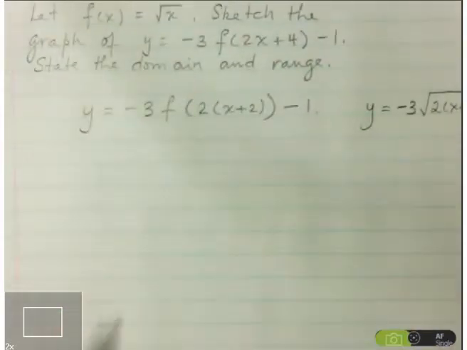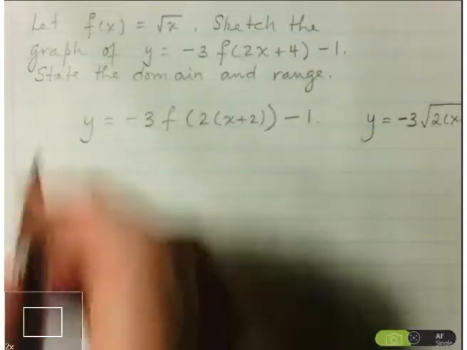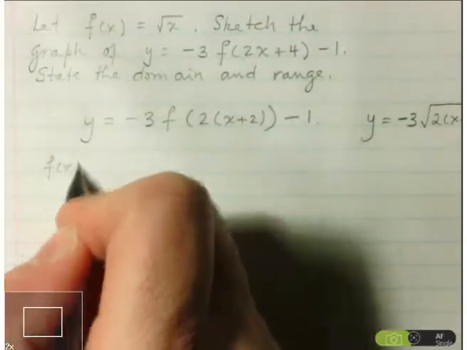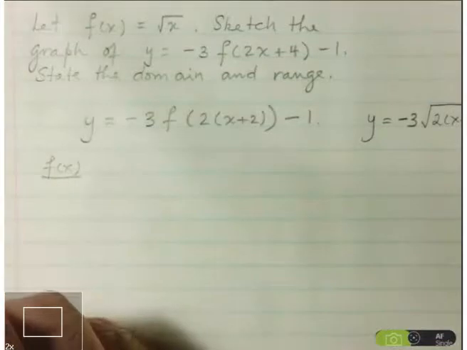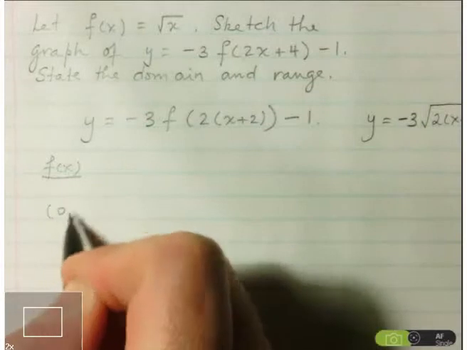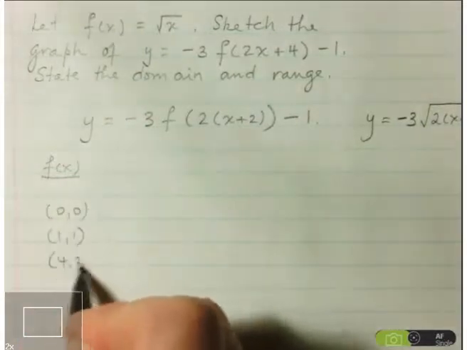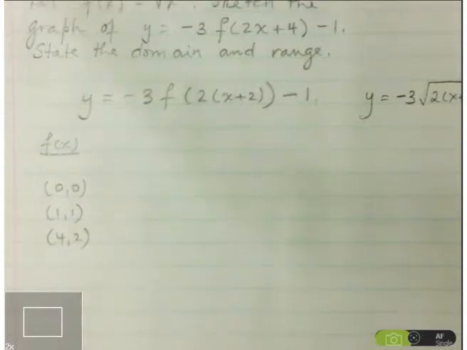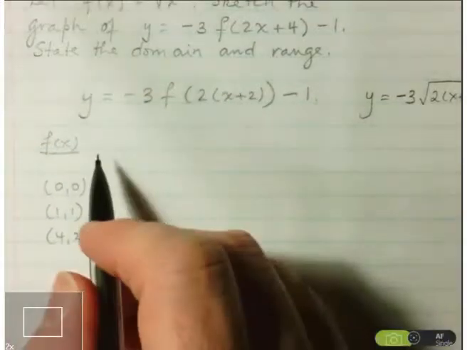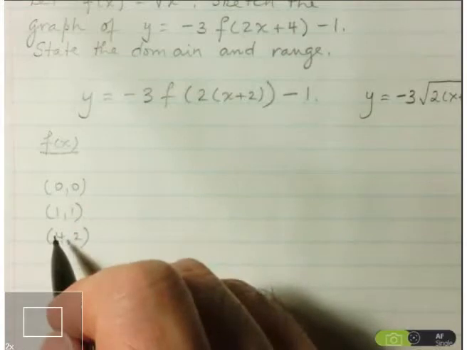So as I described in class, what I want to see is how specific points are transformed. So since our parent function is root x, we had chosen 3 representatives of root x to give us a sense of the shape. So we picked 0, 0, 1, 1, and 4, 2. And we'll see how these points are transformed. So again, we have to follow BEDMAS since we're performing operations on the x and y coordinates.